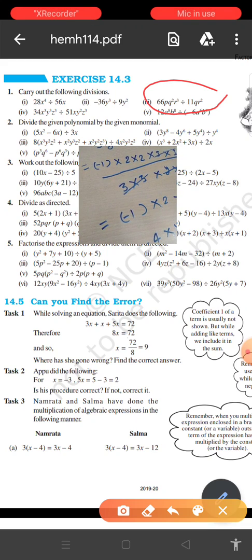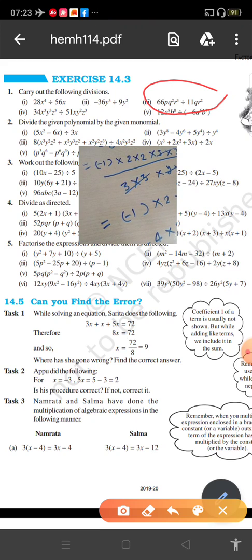66 p q square r power 3 divided by 11 q r square.